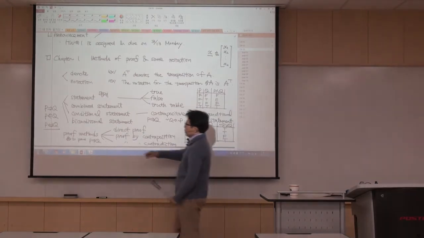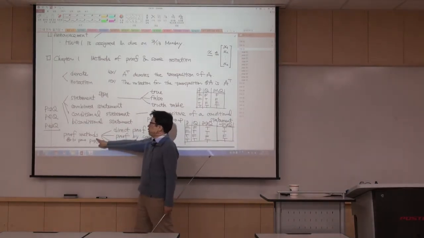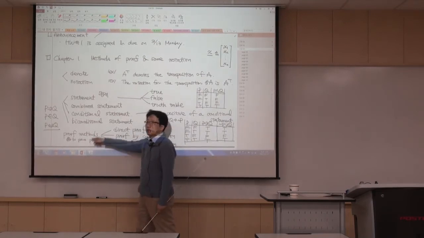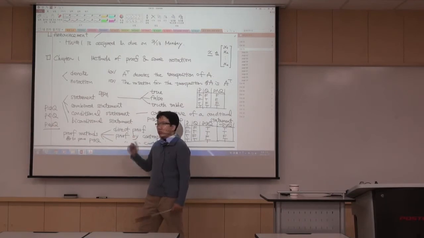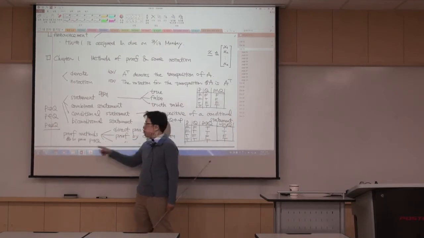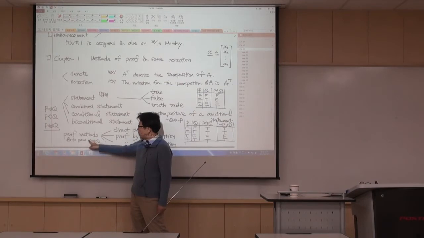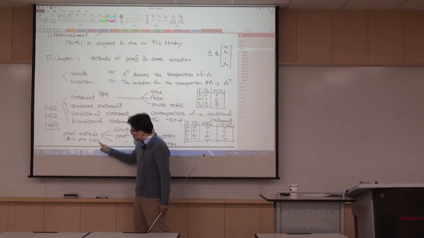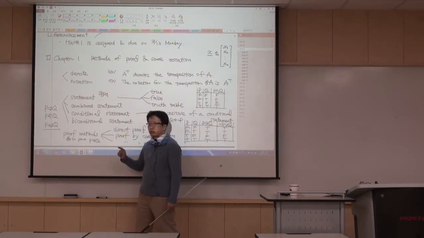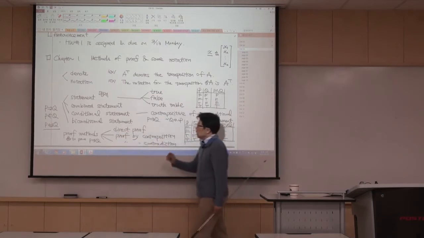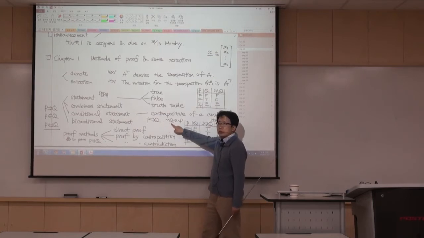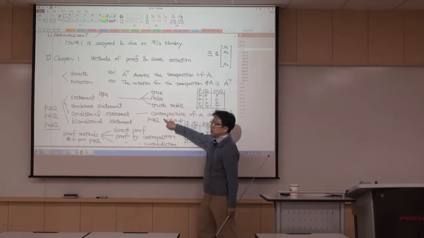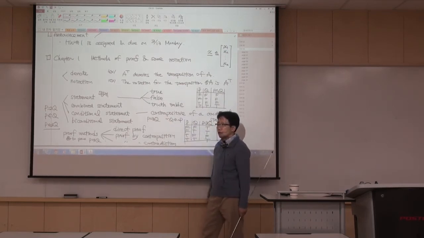For example, suppose you want to prove that this conditional statement is true. What does that mean? If P is true, then Q must be true. Suppose direct proof seems difficult. You start from P and P implies P1 implies P2, and eventually you want to imply Q is true. But sometimes it is easy to use a direct proof method starting from not Q. What does that mean?